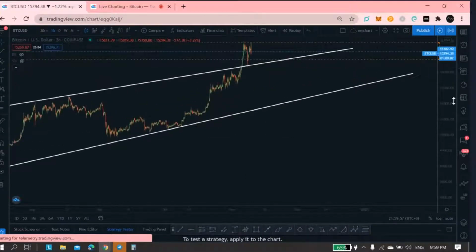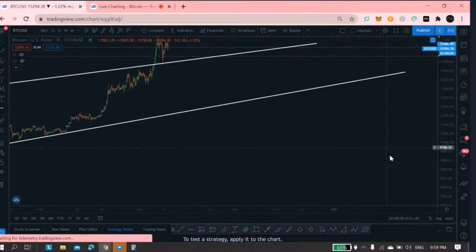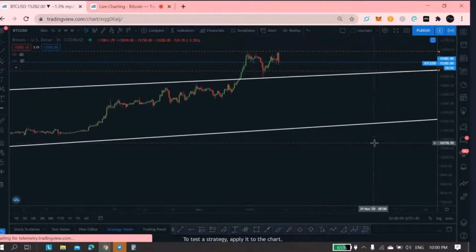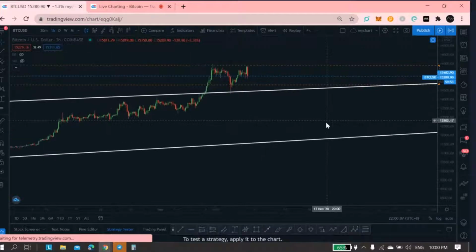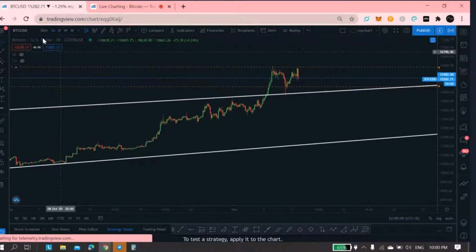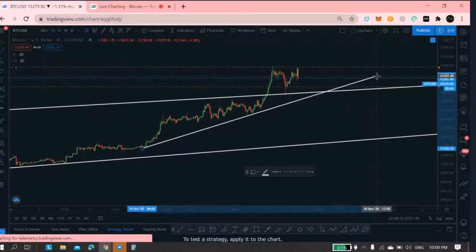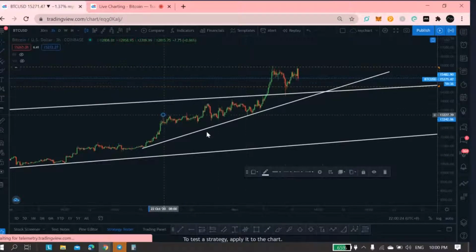At least this is the medium term trend. Oh, what's happened?